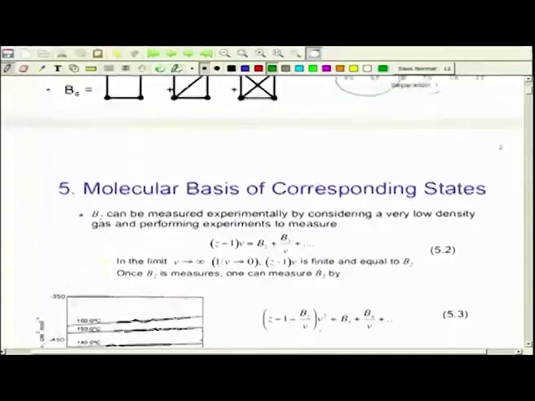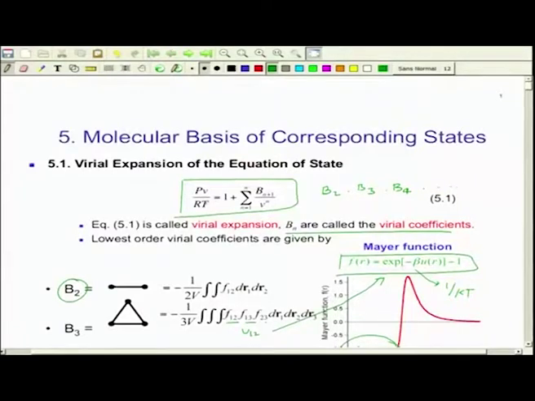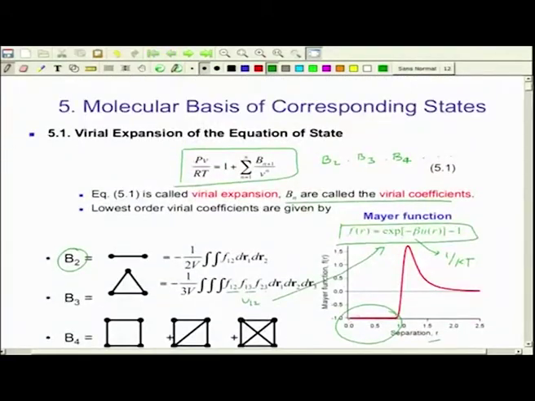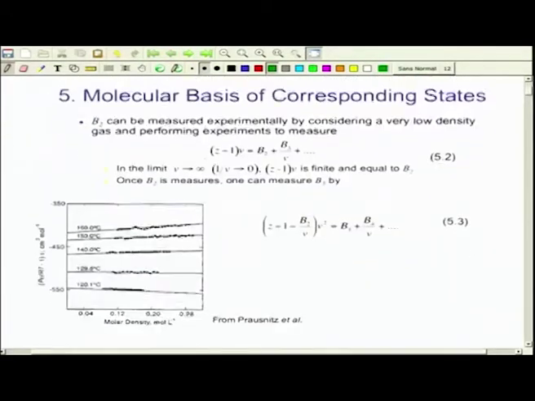Now, if you look at this equation again, this is the virial expansion, or the virial equation, and you expand it in terms of B's, and this is nothing but Z. So if you take Z minus 1 multiplied by V, you are going to get this expression, where the other terms are higher order terms.